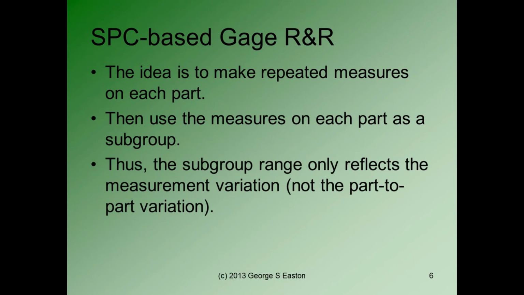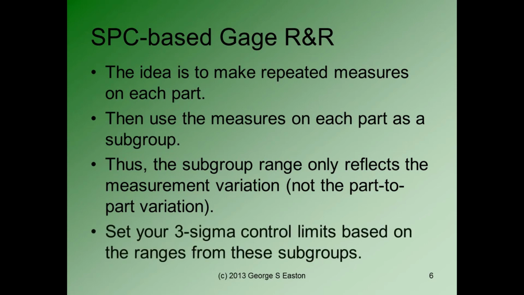What this means is that the range of those measures within a subgroup reflects only the measurement variation, not the part-to-part variation. So again, a subgroup is going to be formed by multiple measures on the same part. And so the only difference in those measures really should be the measurement error or the measurement variation. We're then going to set our 3 sigma control limits based on the ranges from these subgroups.